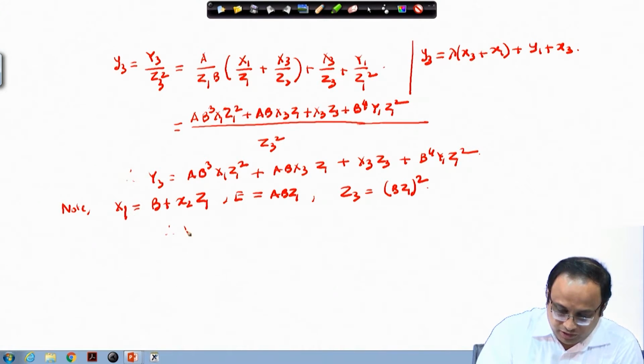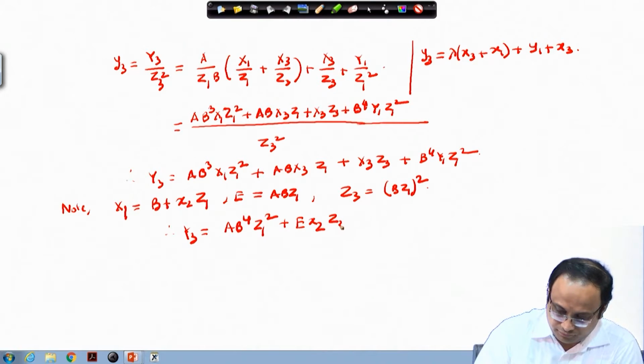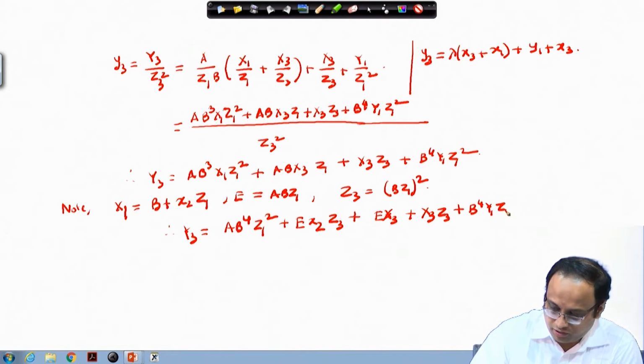So, therefore, y3 is equal to A b to the power of 4 Z1 square, okay, plus E small x2 Z3 plus capital E x3, okay, plus capital X3 Z3 plus b to the power of 4 Y1 Z1 square.